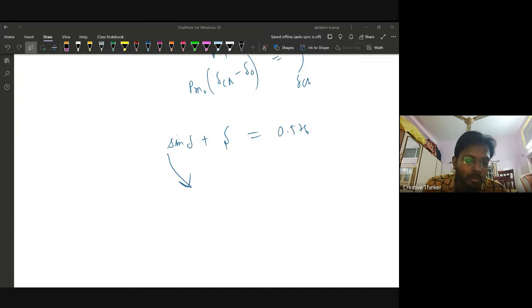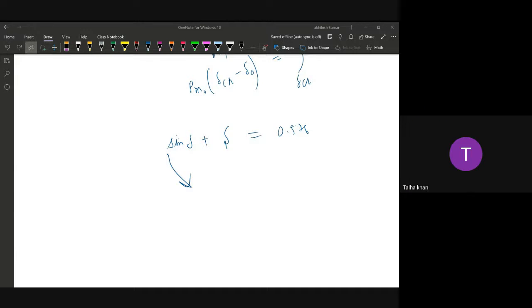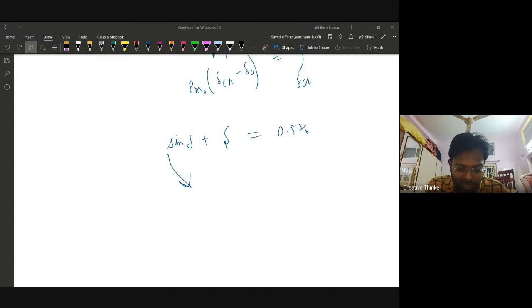Then put sine, then alpha x, bracket close, then plus, then alpha x, then minus, then equate to 0.576.